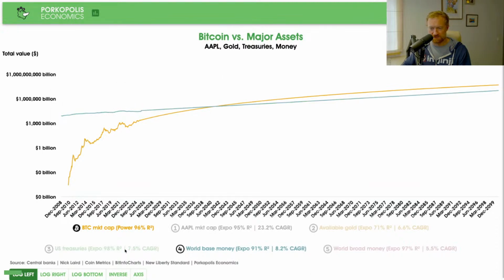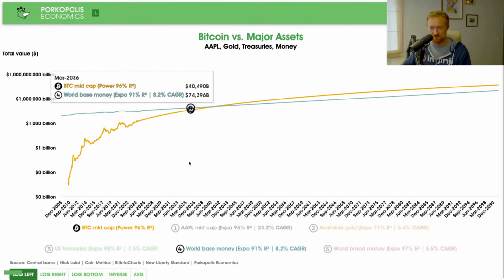The closest is world base money itself as far as the growth rate, 8.2%. Bitcoin easily passes these things, even on the sustainable power curve, by the mid-2030s, early 2040s. It's going to happen. I'm pretty confident these trends continue.